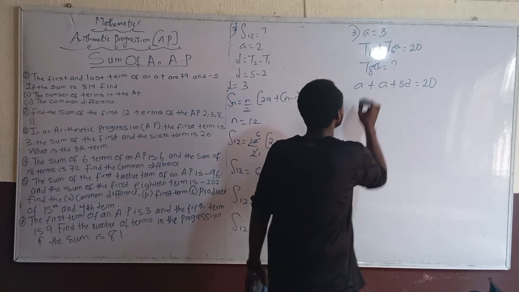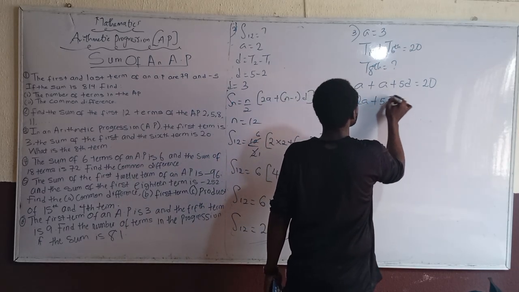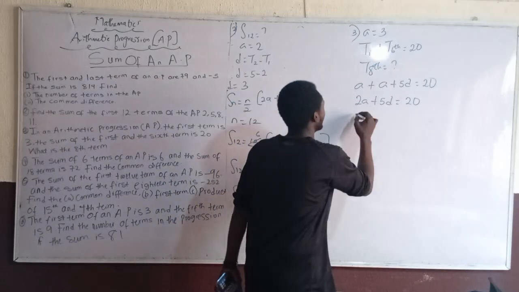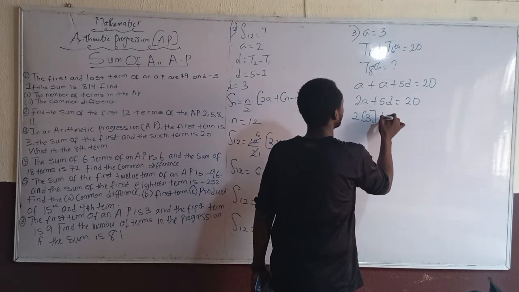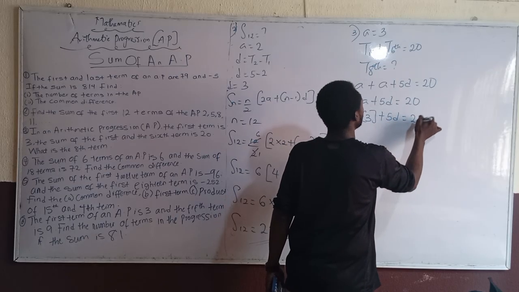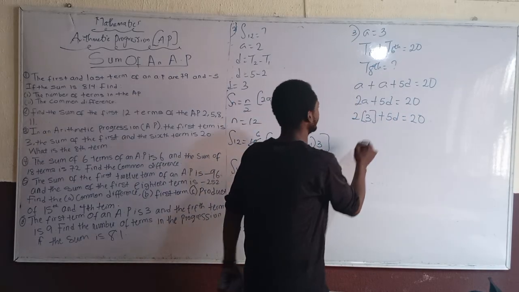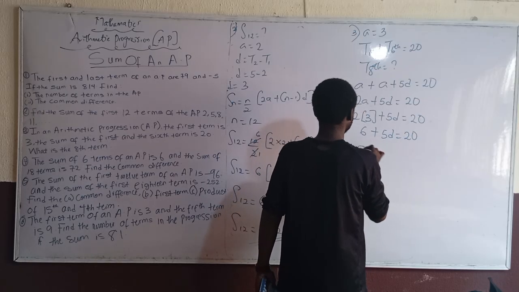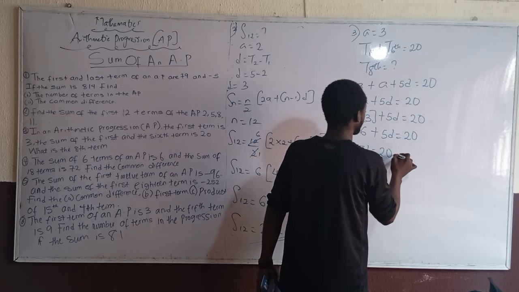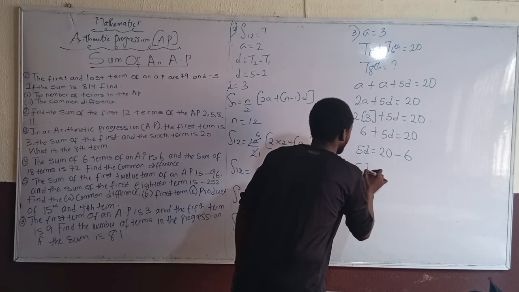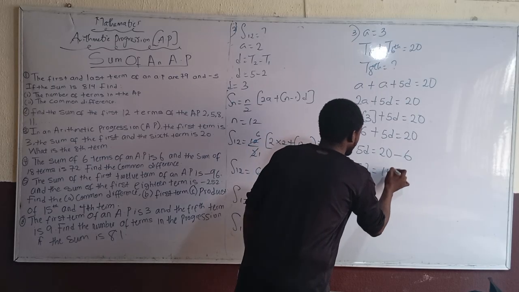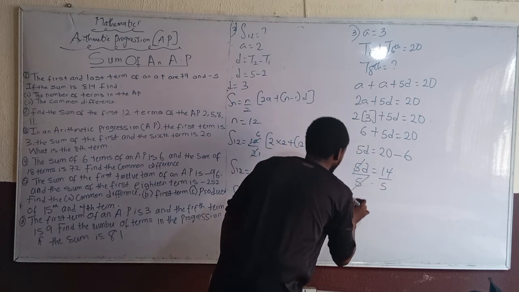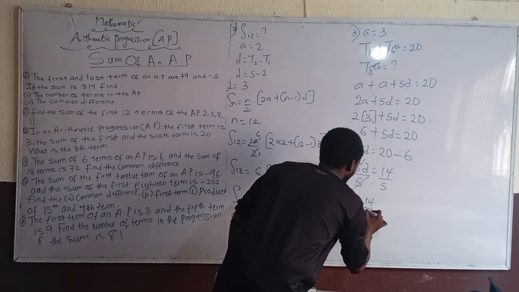Now A plus A is 2A plus 5D equals 20. My A is 3, that is 2 times 3 plus 5D equals 20. 2 times 3 is 6 plus 5D equals 20. 5D becomes 20 minus 6, 5D becomes 14. Divide by 5. My D is 14 over 5.